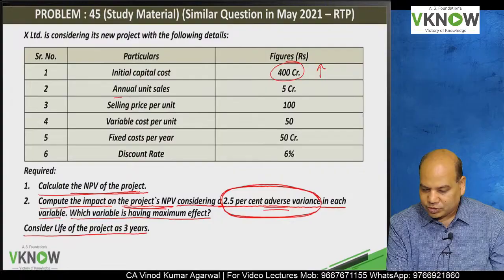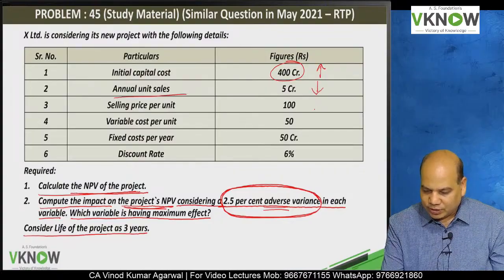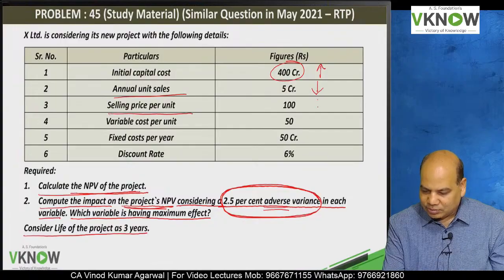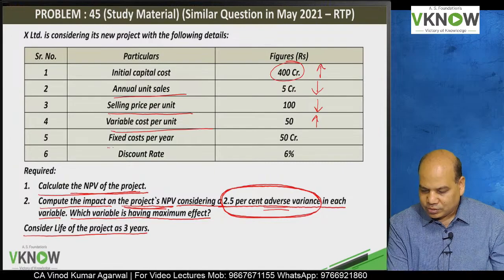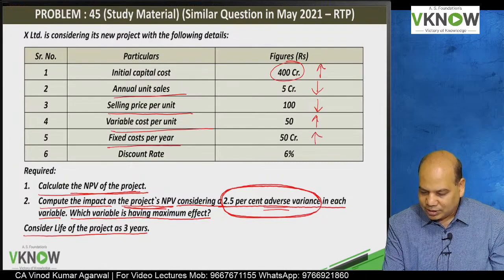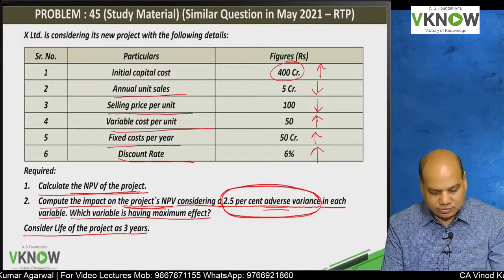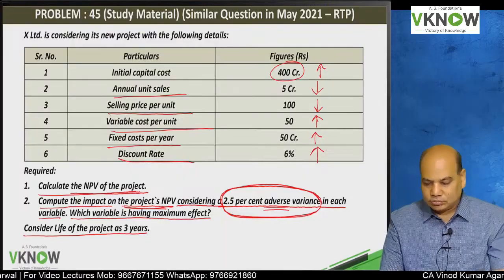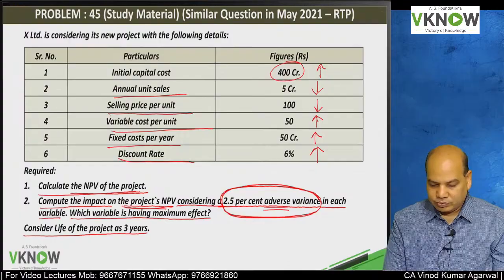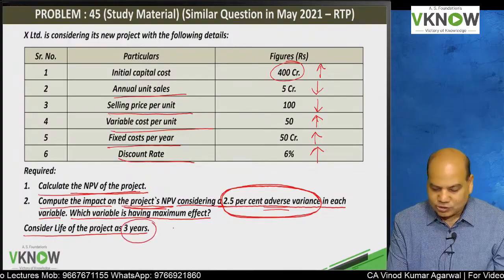In case of sales quantity, it may decrease by 2.5%. Selling price may decrease, variable cost may increase, fixed cost may increase, and discount rate may increase. So if these variables change adversely like this, how will your answer change? The number of years we are going to keep constant at 3 years.